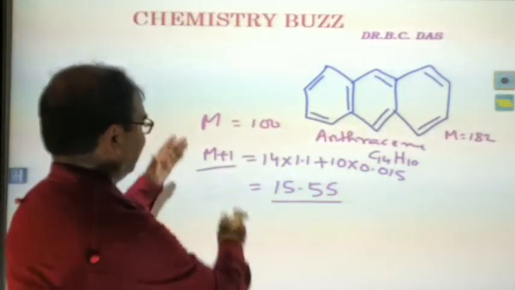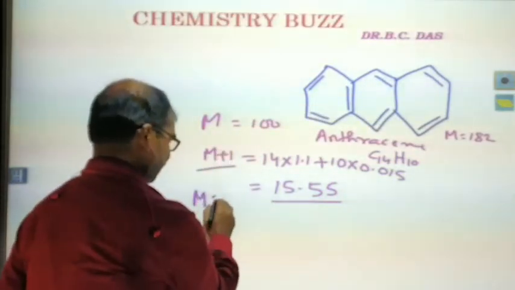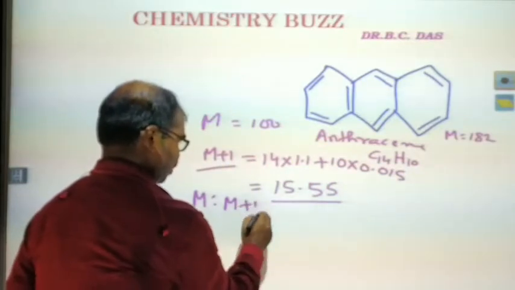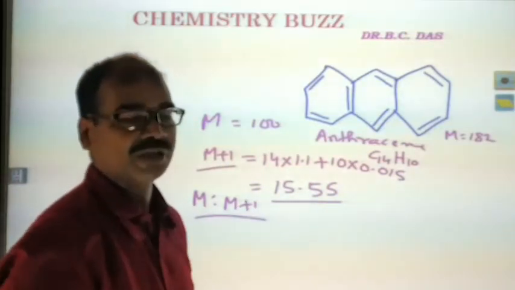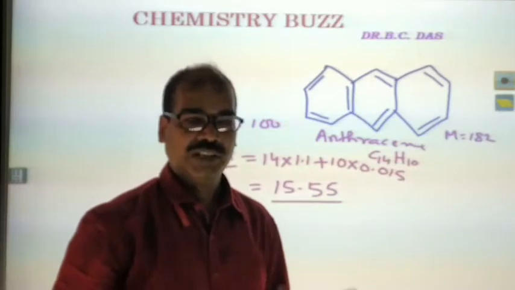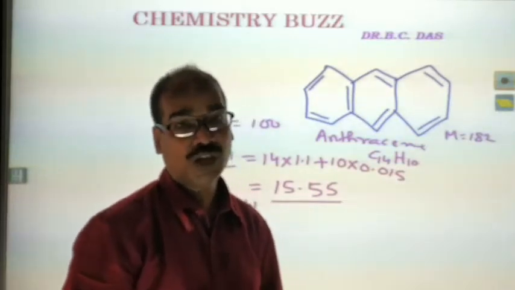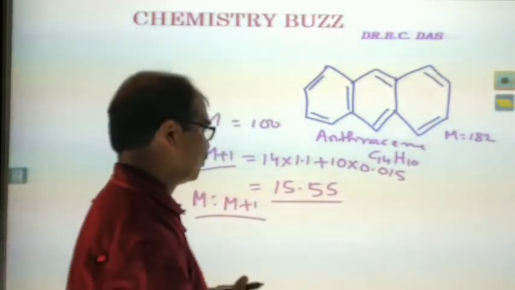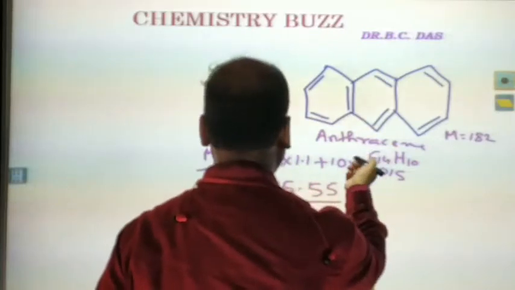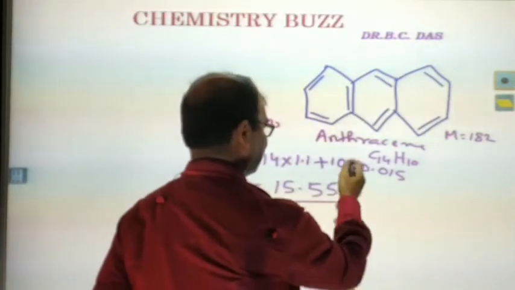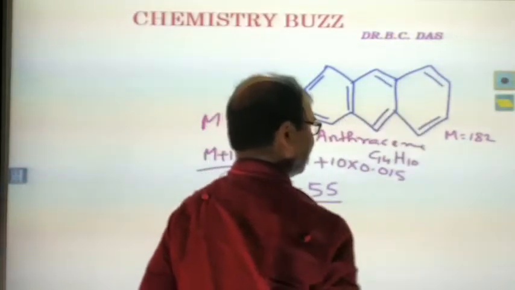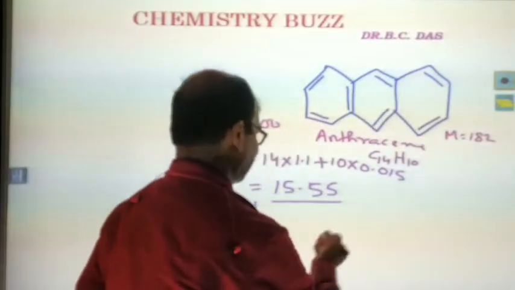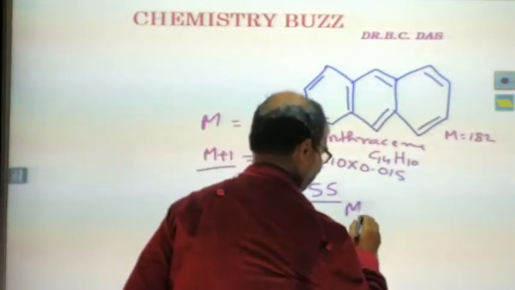Okay, so this ratio M to M plus 1 provides important information for determining the formula of the compound. Similarly, when there are more carbon atoms, we can also get an M plus 2 peak.